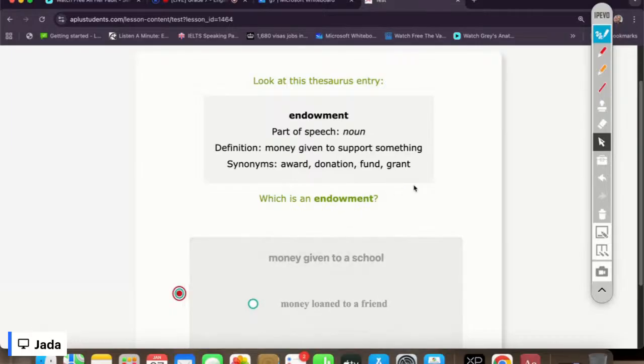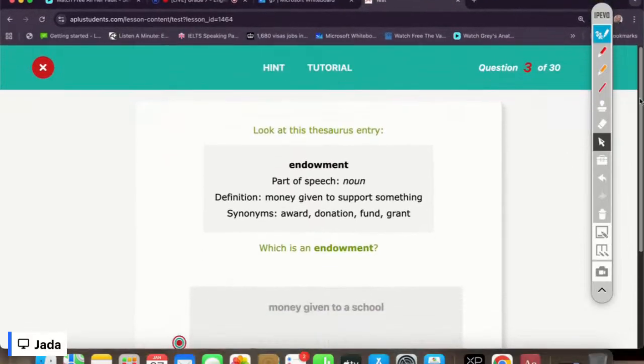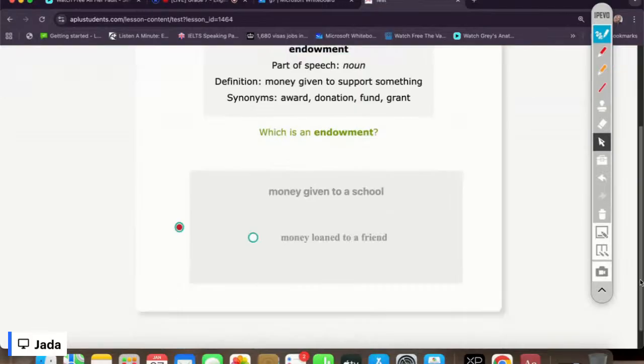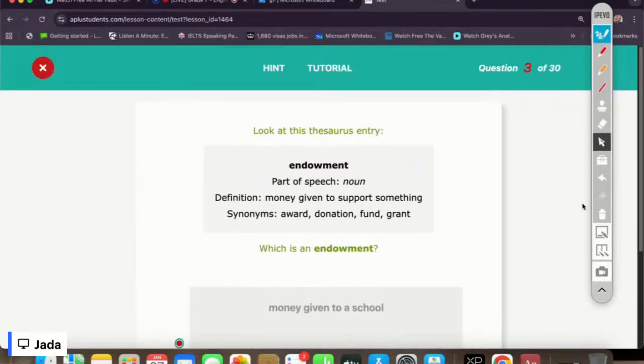Okay, so we have what? Money given to a school.